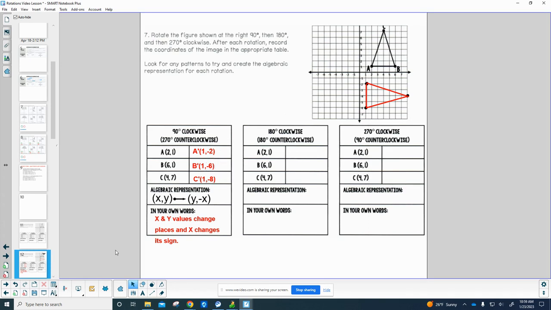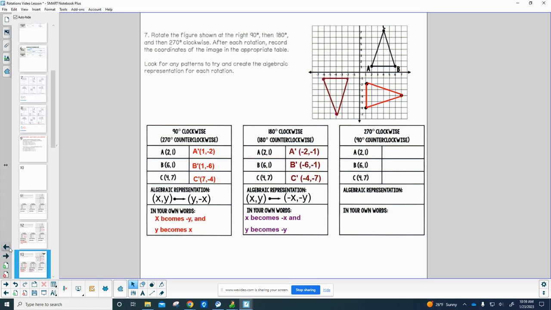So let's try the next one, the 180 degree clockwise rotation. In that case, we rotate to the third quadrant here. And what happens is the numbers stay the same, they just all switch signs. So instead of being both positive, they're now both negative for each of the vertices on this polygon.